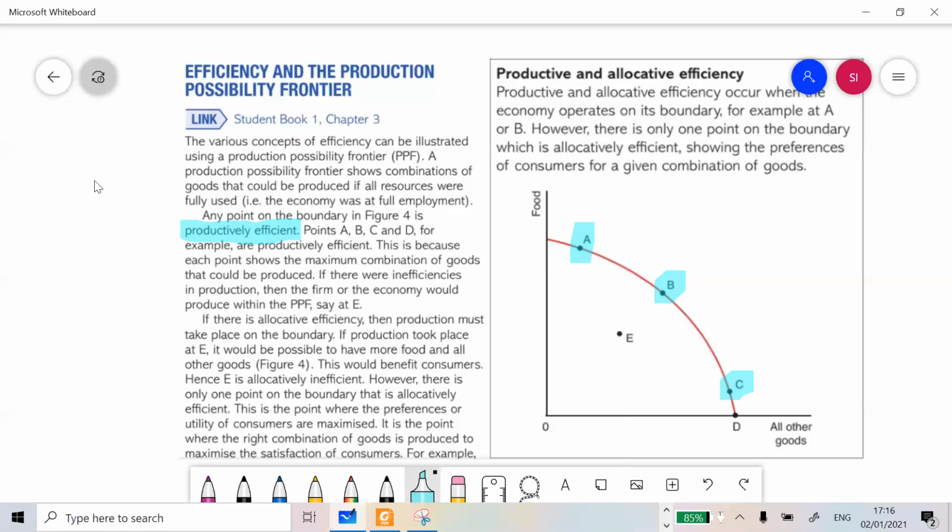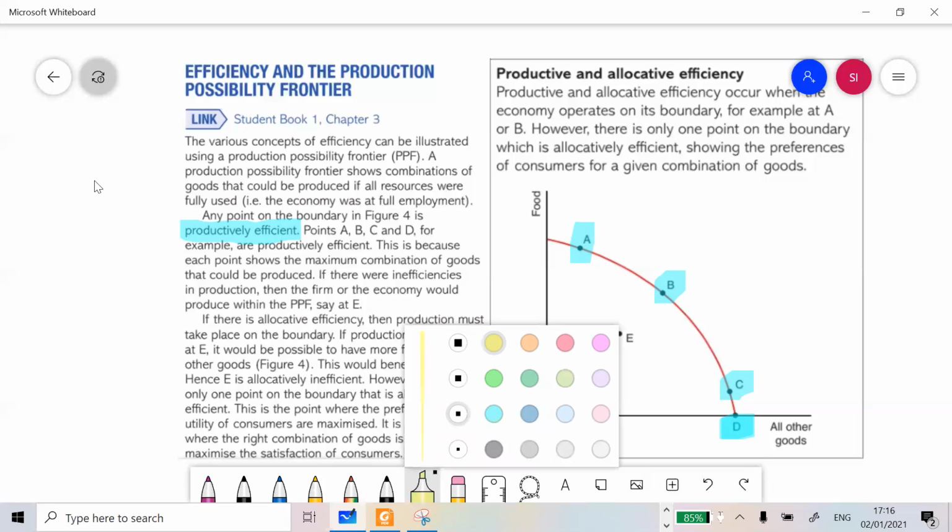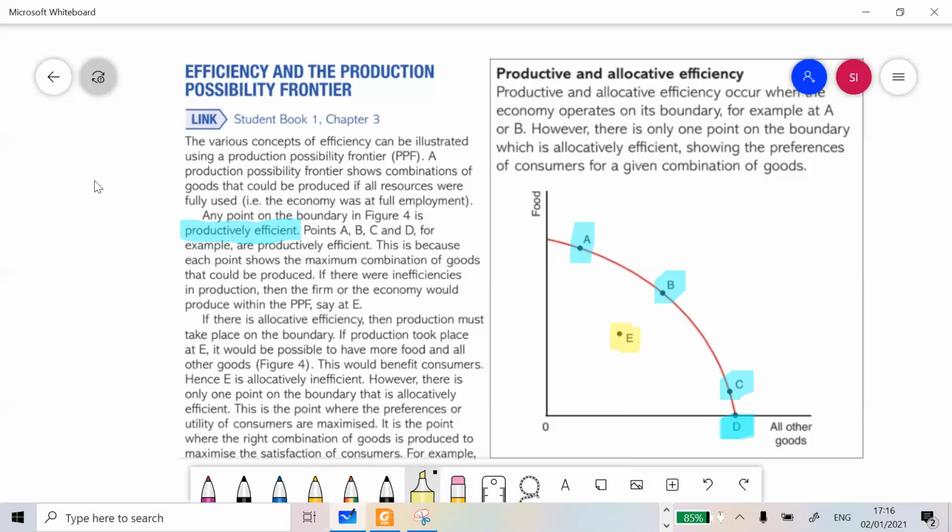This is because each point shows the maximum output combination of goods that could be produced. If there were inefficiencies in production, then the firm or the economy would produce within the PPF, say at E. Suppose it doesn't produce efficiently, it's over here, which we call inefficiency.